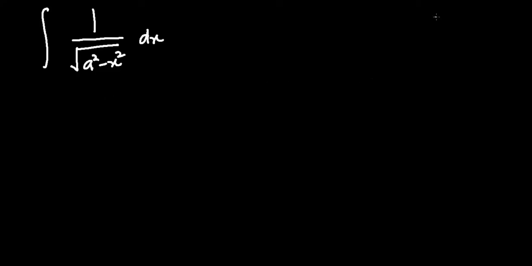For us to do this, I'm going to draw a triangle here. This will help us understand this very easily. So this is theta here. I'm going to take this side to be a, this will be my side a, and then this side will be my side x.